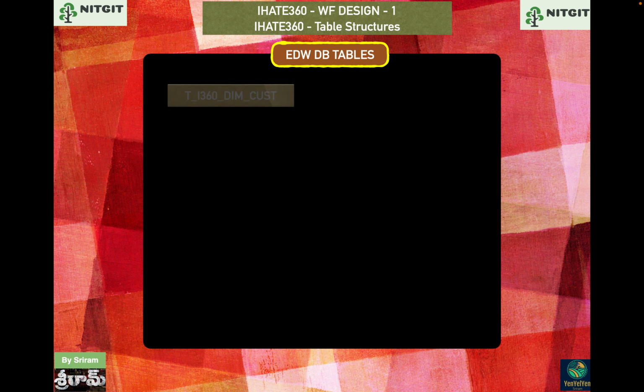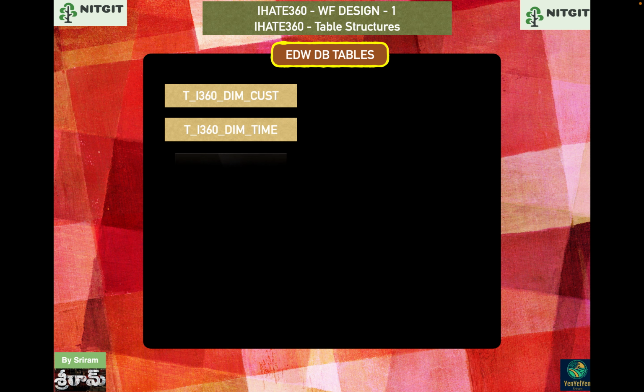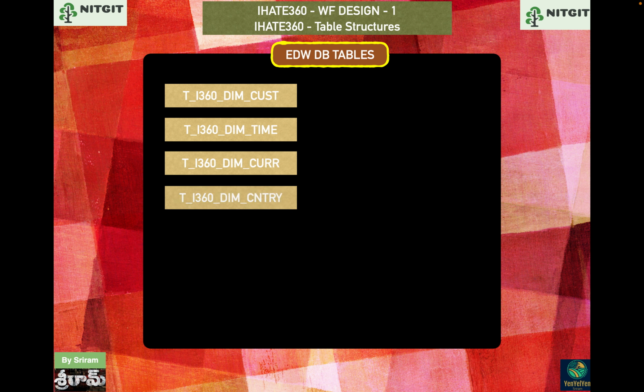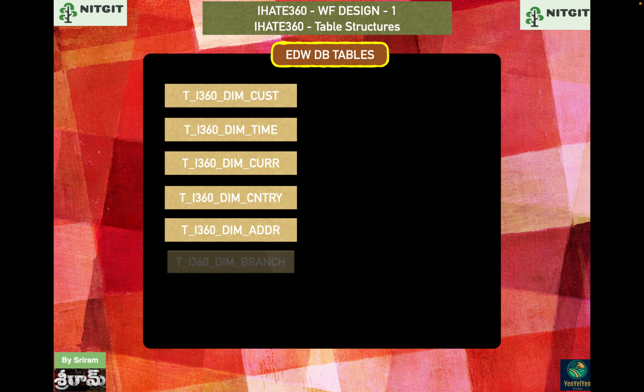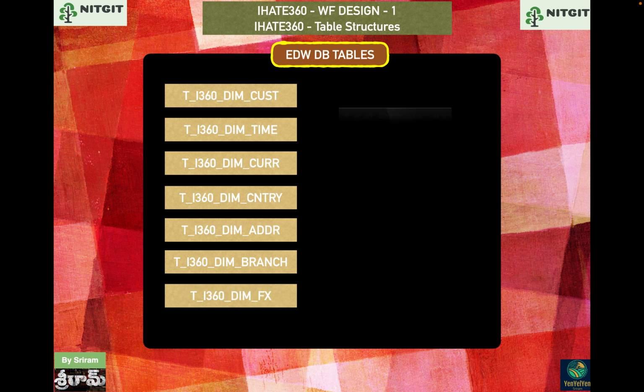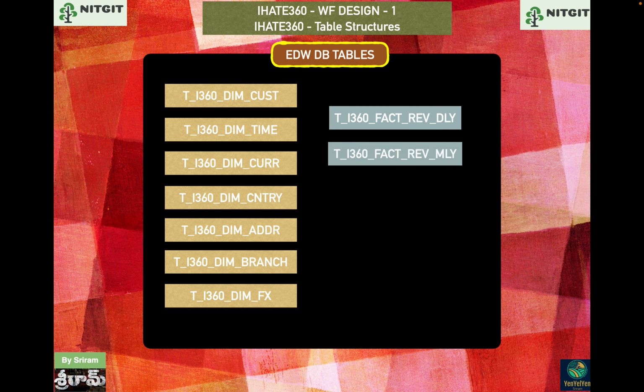After loading these IDH tables, we have EDW tables. It also depends on the different structures, I mean, naming conventions you can decide. Sometimes it will be D underscore I360 or dim underscore I360. Sometimes we call it T tab underscore I3. It all depends on how they decide. The architect will decide the table names.